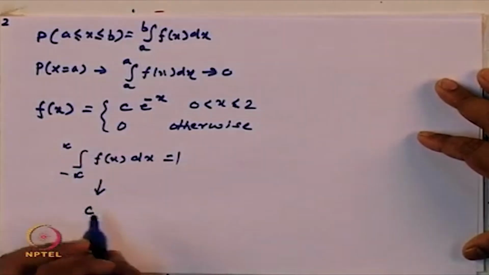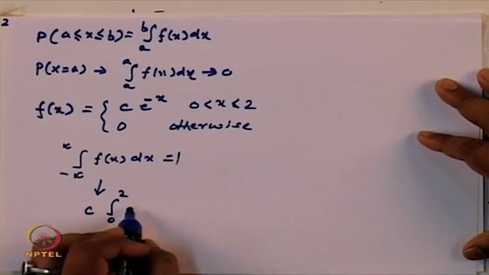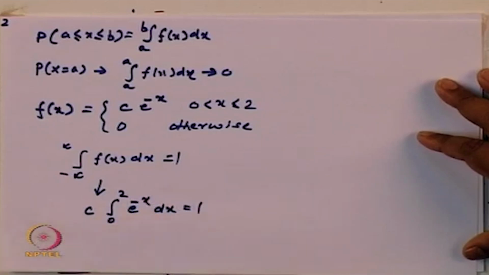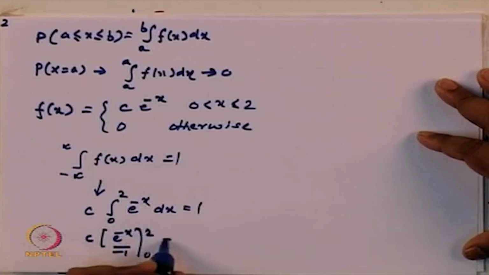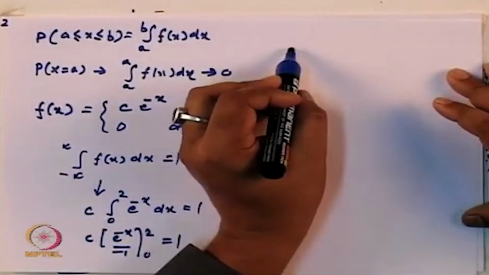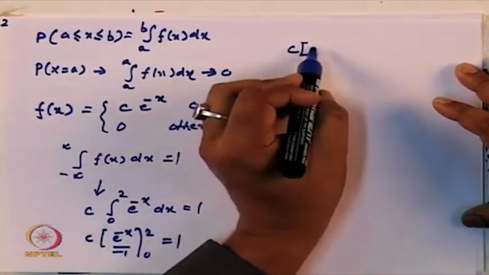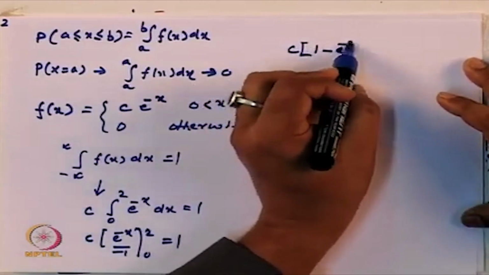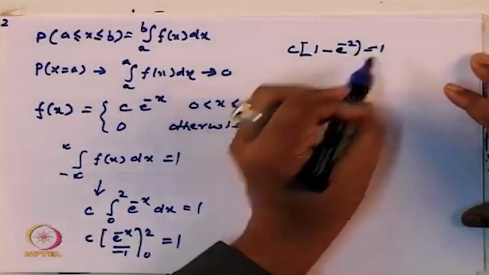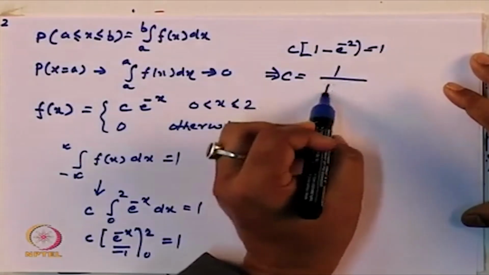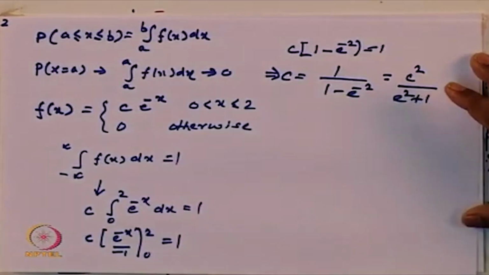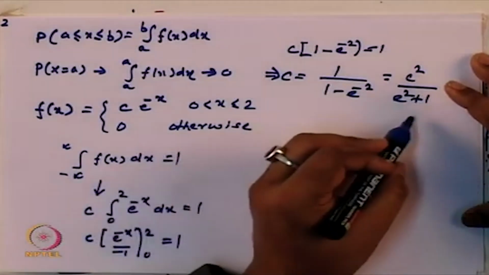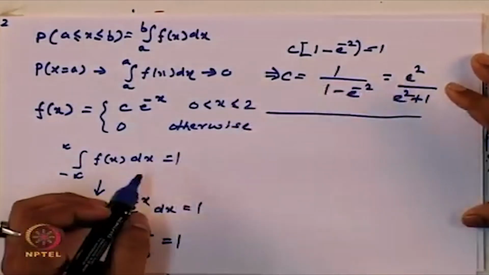This amounts to the integral of c e to the power minus x equal to 1. I can take c out. So, I can simplify this as c times (1 minus e to the power minus 2) equal to 1, implying c is equal to 1 over (1 minus e to the power minus 2). So, you have the constant as e square by e square minus 1.